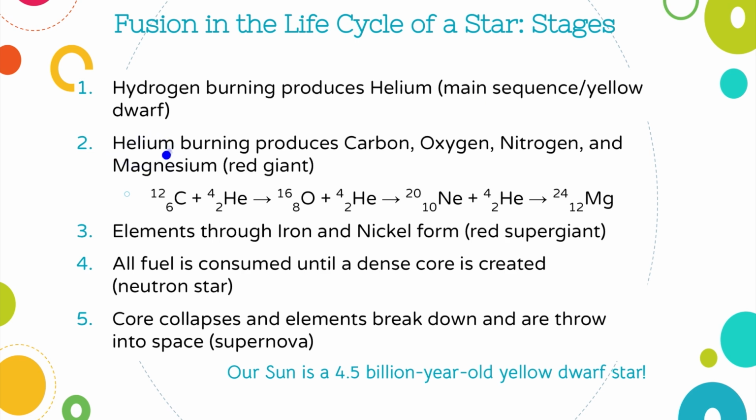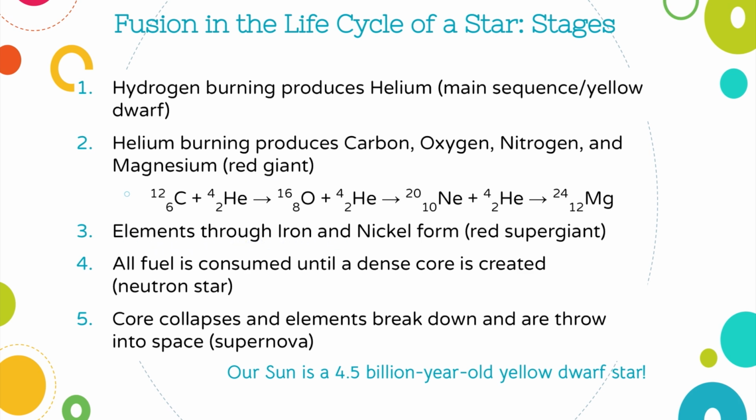As those elements get larger, so helium burning to produce carbon, oxygen, nitrogen, and magnesium, that would be a red giant. And so you can see here carbon with helium, oxygen with helium, neon with helium, getting to that magnesium. Those are the processes that form a red giant star.